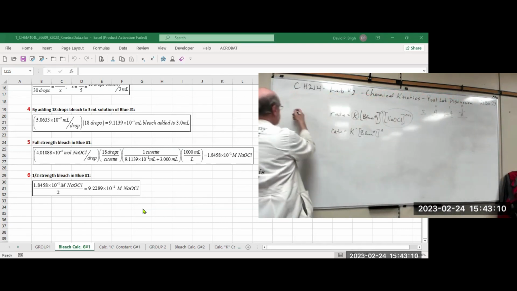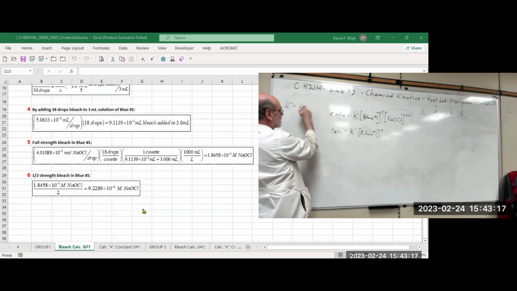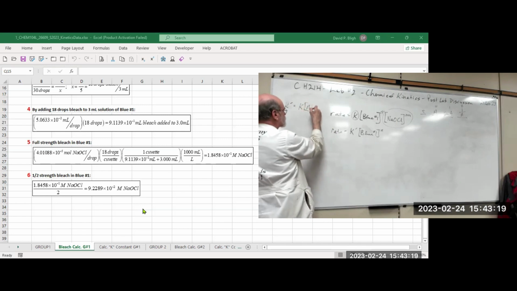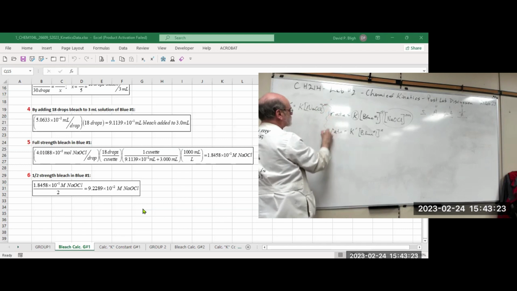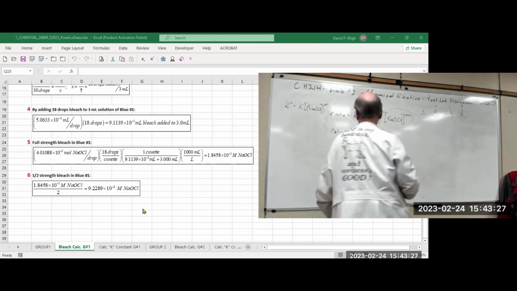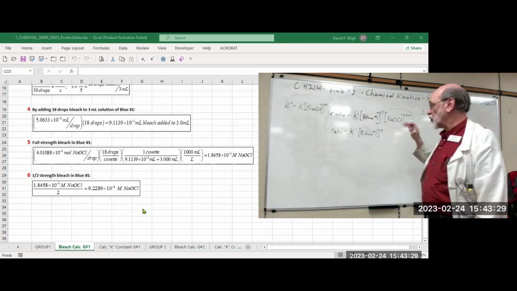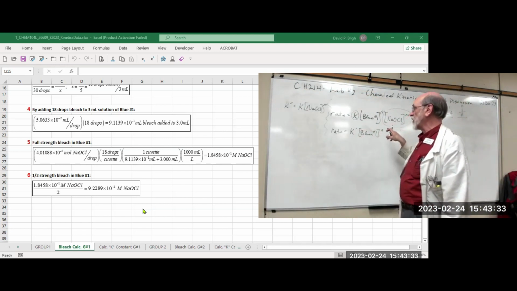Now this K prime, let me put it over here as a reminder. K prime is equal to K times the concentration of sodium hypochlorite to the M power. So we do this for both concentrations of sodium hypochlorite.